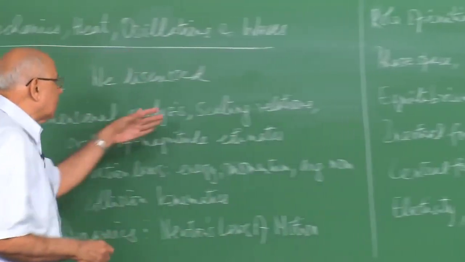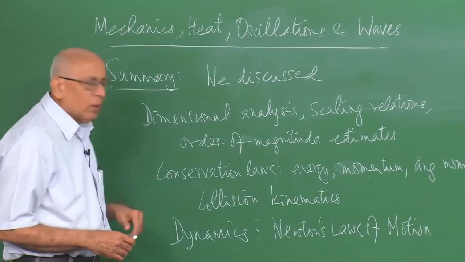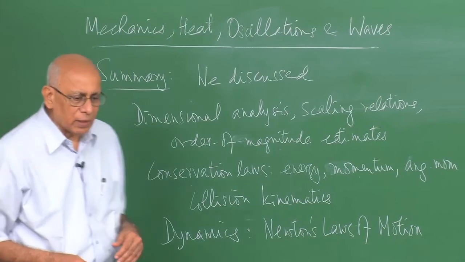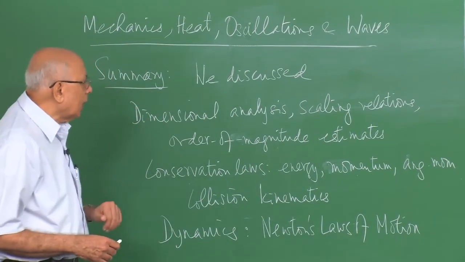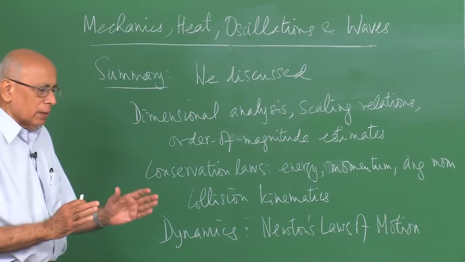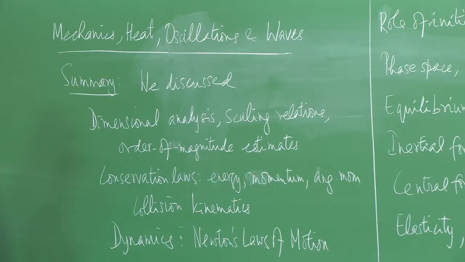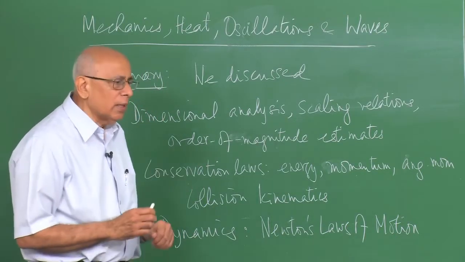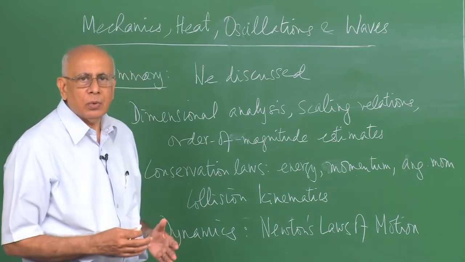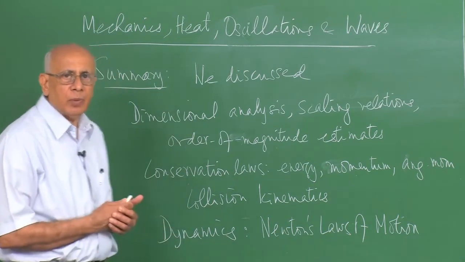We started by discussing dimensional analysis, scaling relations, order of magnitude estimates for physical quantities. I made the point that we have a certain tool at our disposal called dimensional analysis, which helps us guess the combinations of physical quantities which could appear as answers to questions we ask about physical problems.